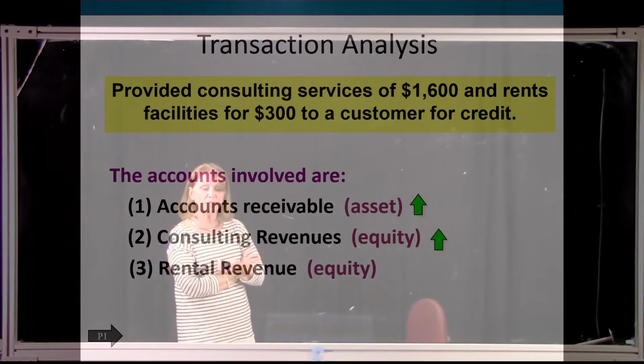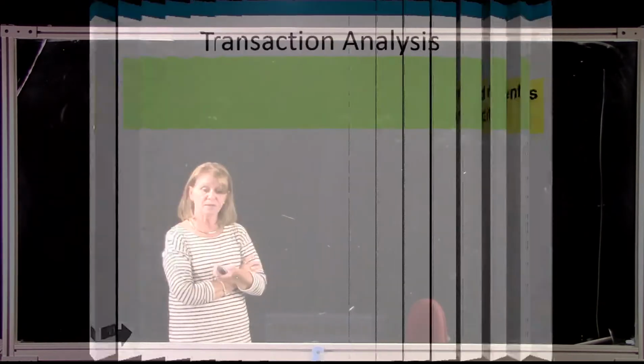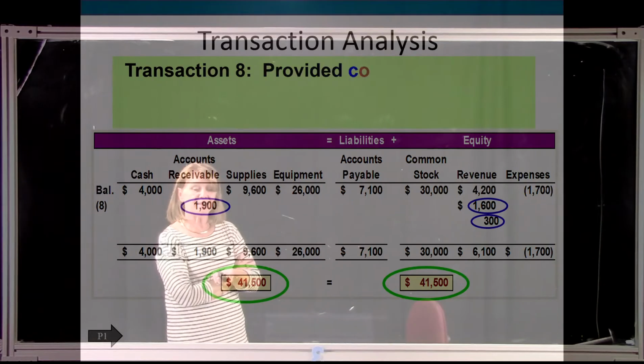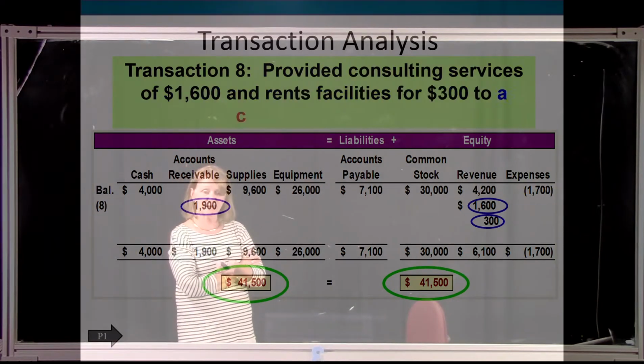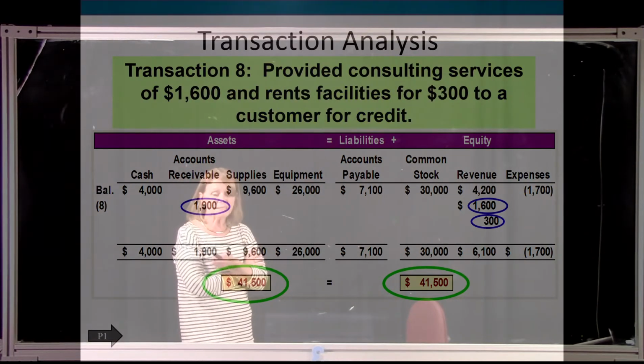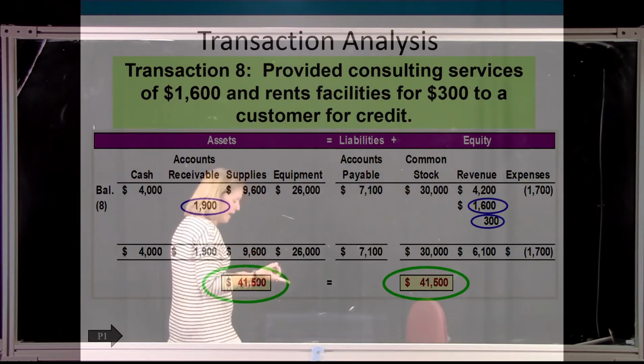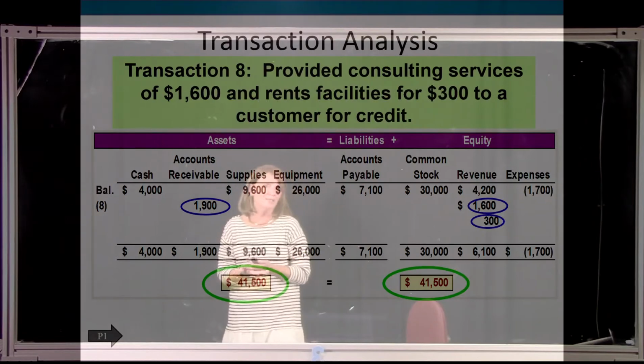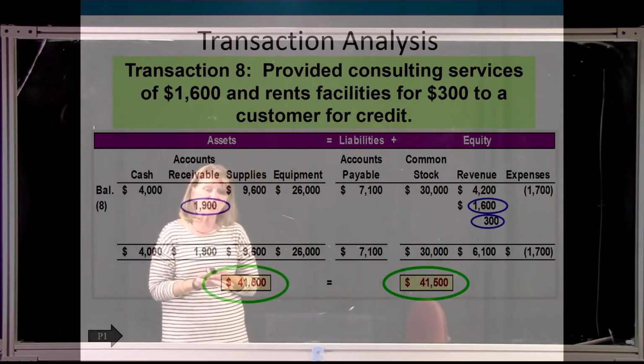And rental revenue also would increase our equity. So at the end of this transaction, it increases both sides of our accounting equation. I'm going to be talking about assets, liabilities, owner's equity, revenue, and expense accounts, and you're just going to have to memorize and figure out what those are.